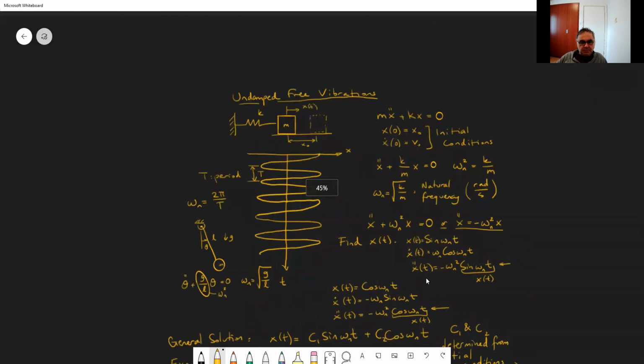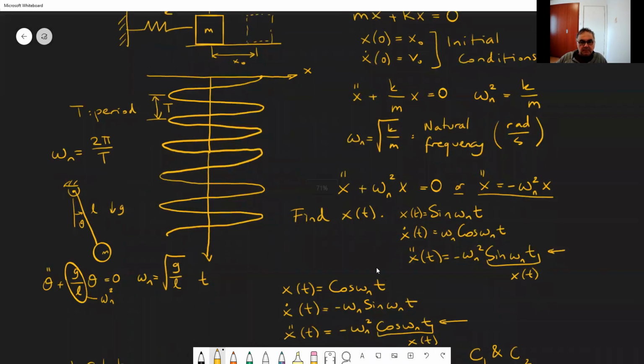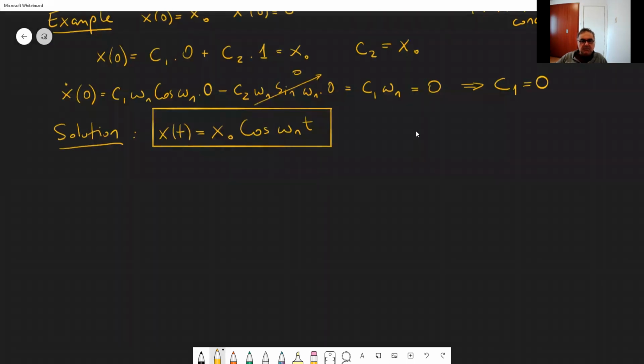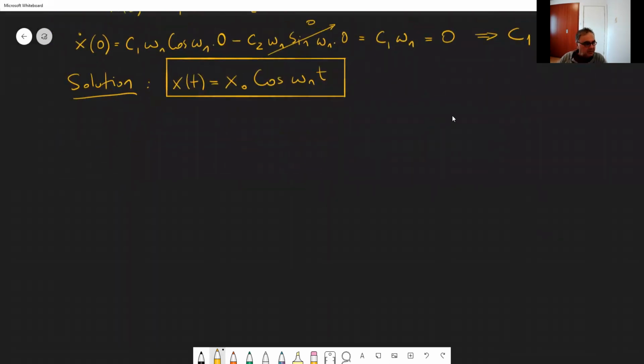Now, the general case, when you have an initial condition of velocity, where x of 0 is x0. And you might have an initial velocity as well. You can give an initial velocity to the mass.